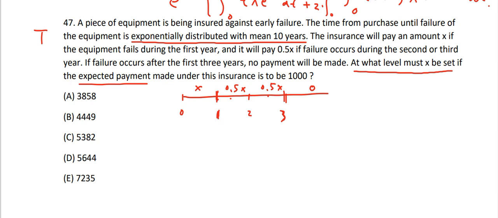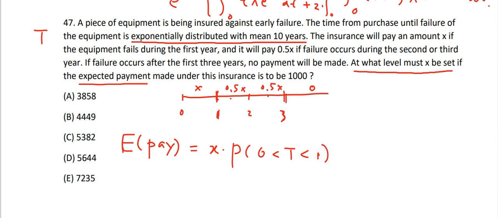So we just find the expected payment. Okay, so expected payment equals pay x times the probability t between 0 to 1, and the payment is 0.5x times the probability t between 1 to 3, right?